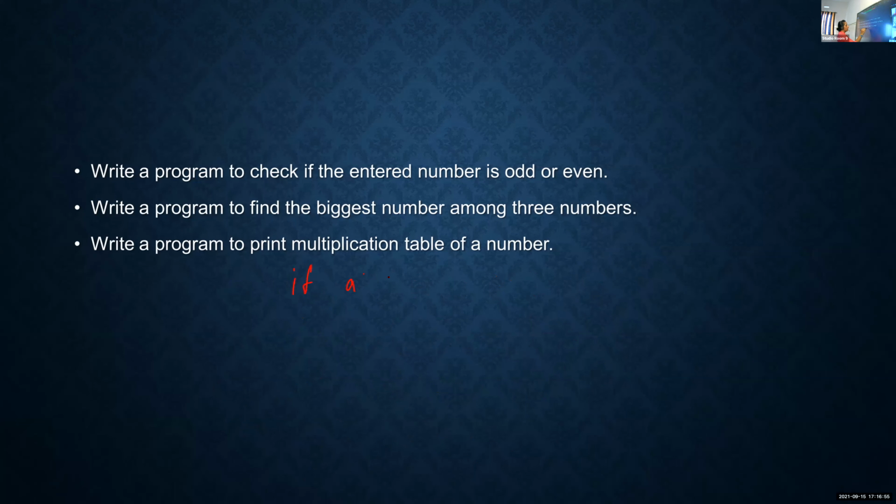If A greater than B and A greater than C, then print. Here, what is the meaning of this print statement?